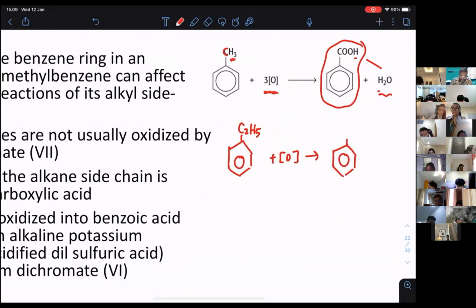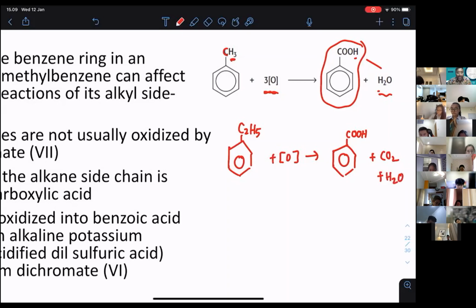They will still maintain 1 carbon, which is going to be benzoic acid. It means the product is the same, but the side product will be carbon dioxide and water, though it's not required for you to know. The other carbon will give you carbon dioxide, and of course you will get water also.